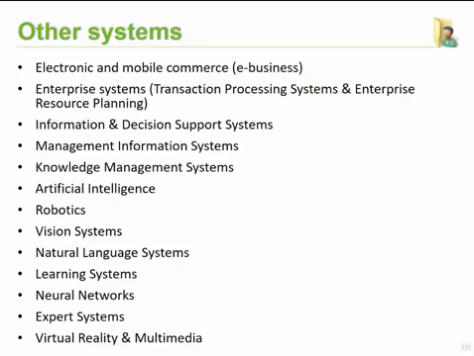We have robotic systems, where various types of robots simulate real world tasks and activities, and then try to do those activities where it might perhaps not be possible for human beings to do them. In the last section, we'll look at vision systems, systems that have the ability to recognize patterns and products. Natural language systems, which we nowadays find on our cell phones, where you can speak to your phone, it recognizes the commands and what you tell it, and then it can actually perform those actions. Learning systems, where the system has the ability to start to learn.